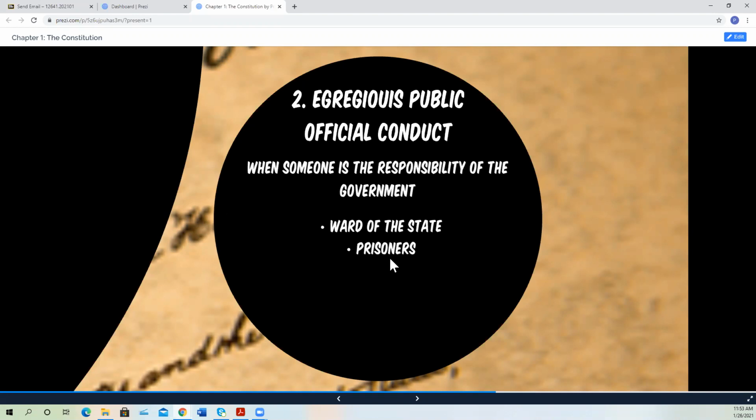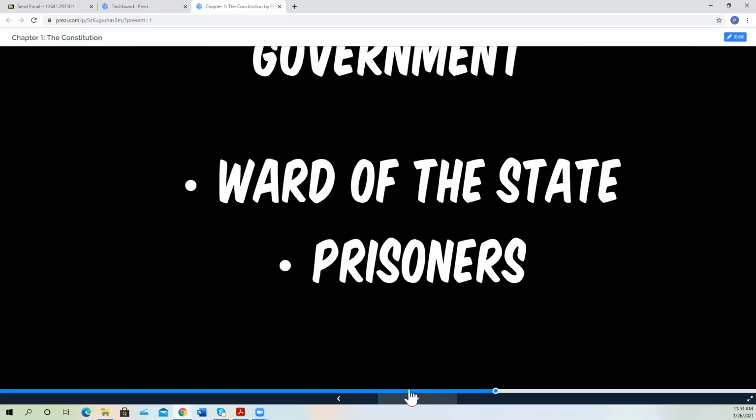Now, because they're in custody, the state, under substantive due process in the 14th Amendment, must take action to protect that person. But the trigger is that the person is a ward of the state, like a prisoner.